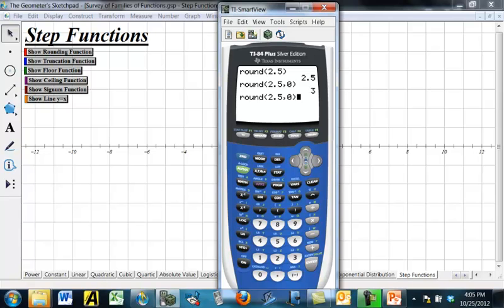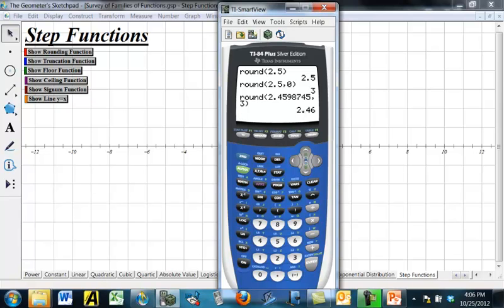And if we were to do like that, it's rounding to 3 decimal places.